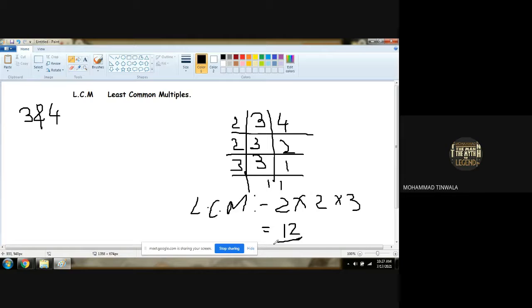So what is the smallest multiple that came? 12 is the smallest multiple of 3 and 4. Any doubt with this?